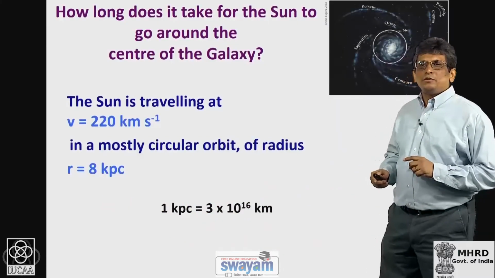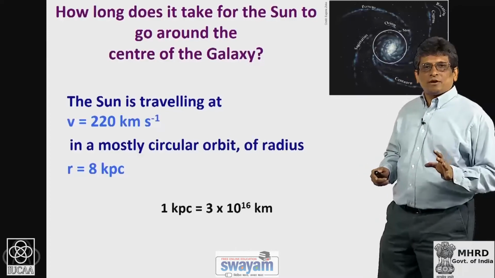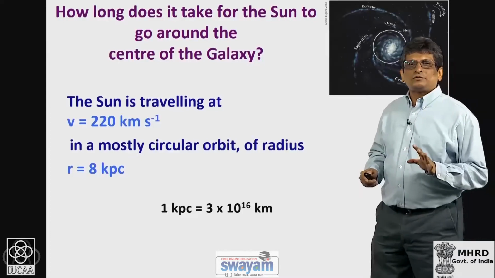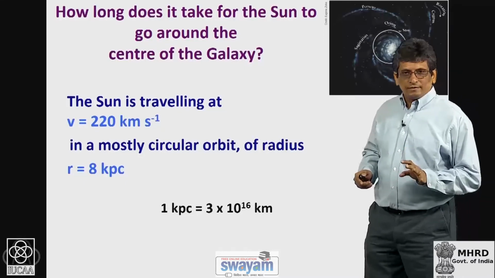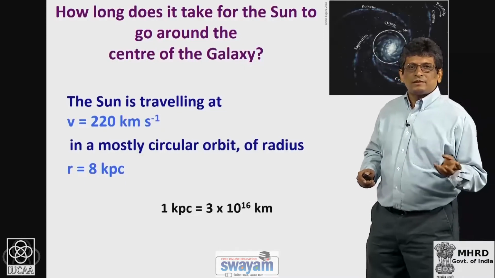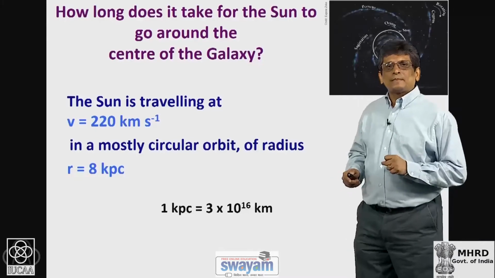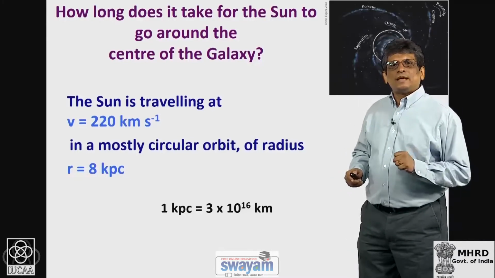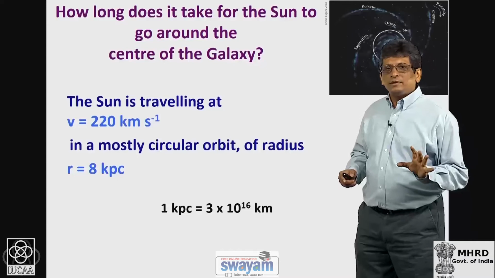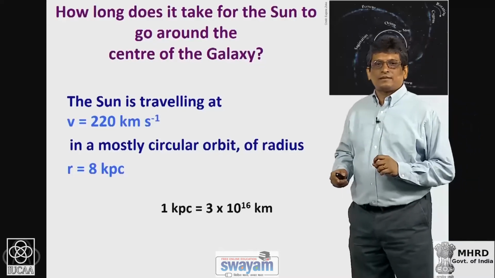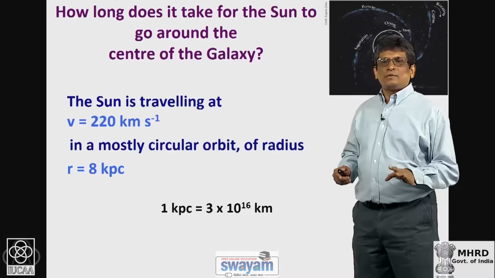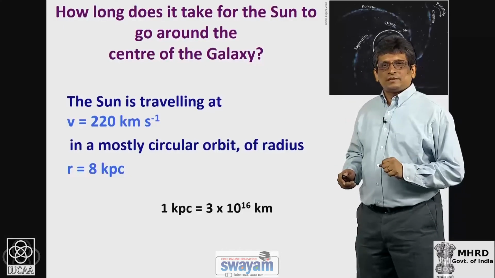To do that, we know it's very simple. It's a circular orbit. We know that it's traveling at a speed of 220 kilometers per second. That's the unit that astronomers use for velocity. And we assume it's a circular orbit, and the radius is 8 kiloparsec, where a kiloparsec in kilometers is 3 times 10 to the 16.